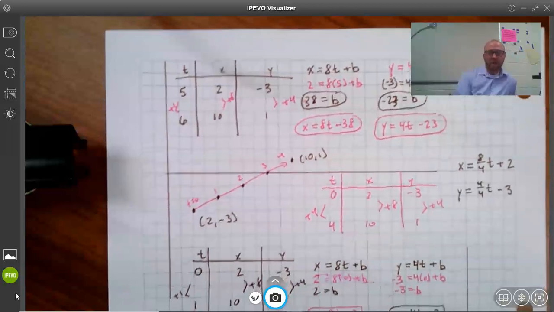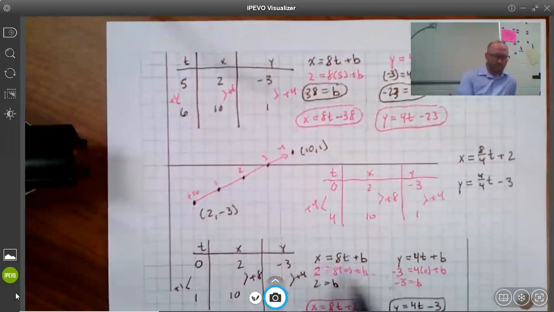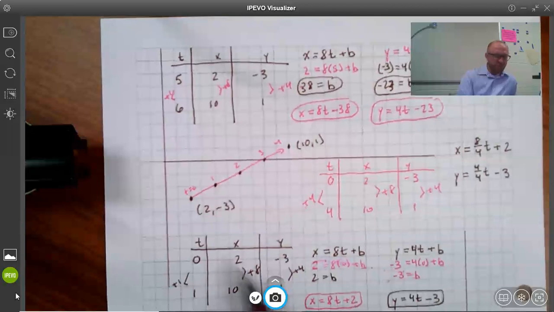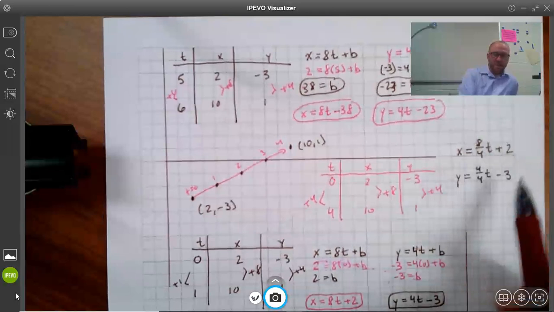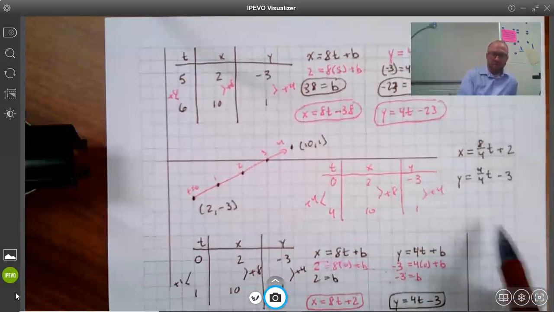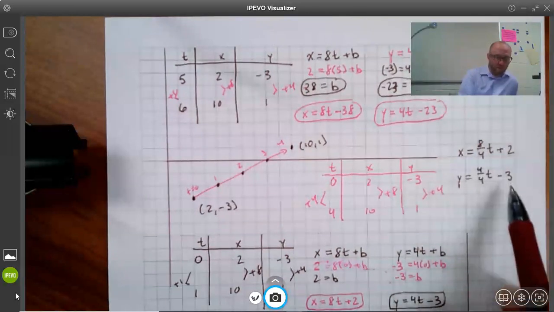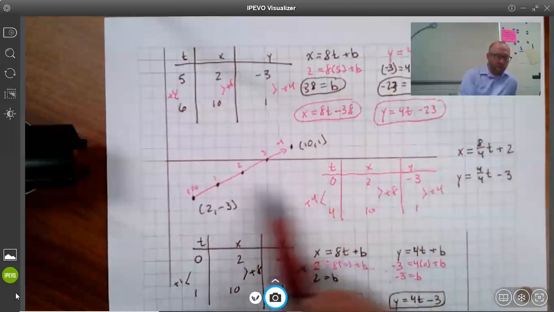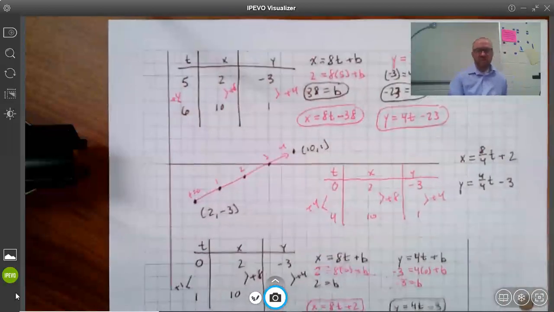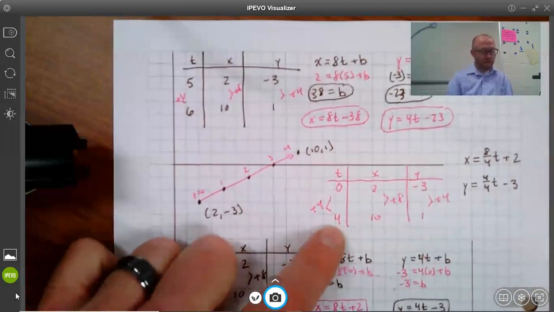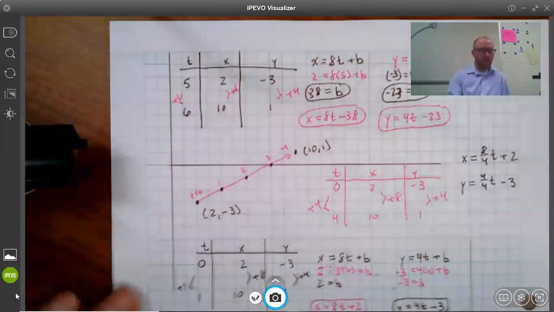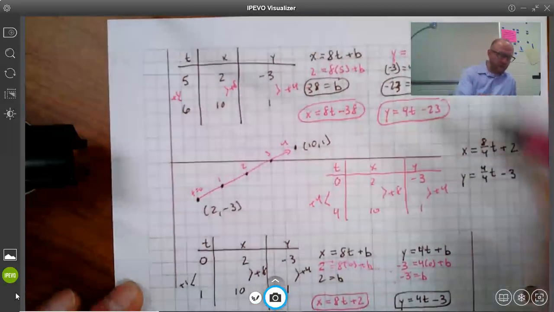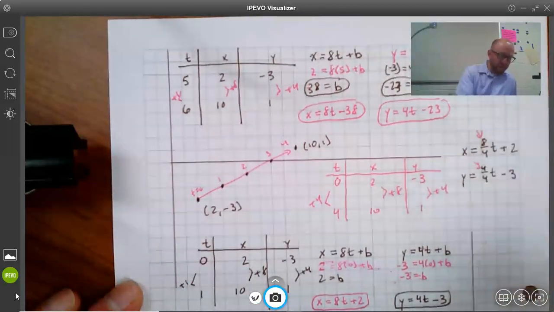And I want to point out, you'll notice if we go down here, our original equation, when I just did 0 to 1, was 8t plus 2. Now it's 8 over 4t plus 2. And here was 4t minus 3. Now it's 4 over 4t minus 3. So by stretching out the t value, taking it from 1 to 4, I just made a slight alteration in the equation over here. I would simplify these obviously, but we still have the 8 and the 4.